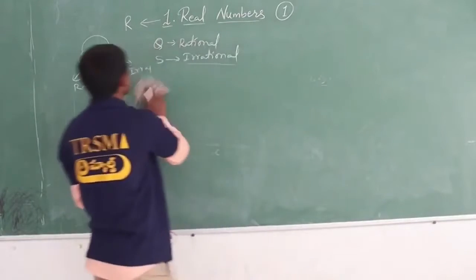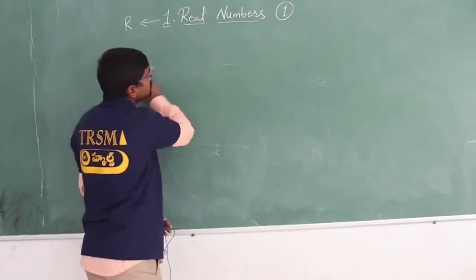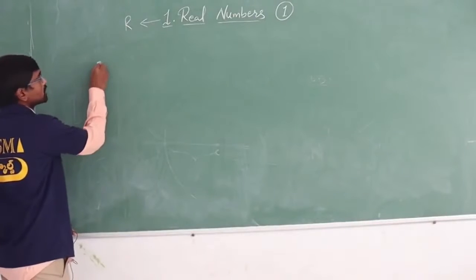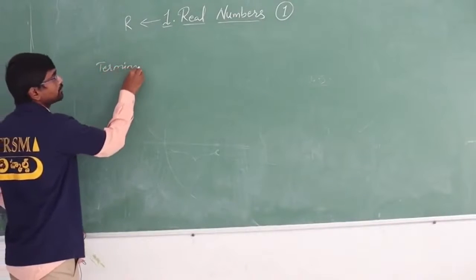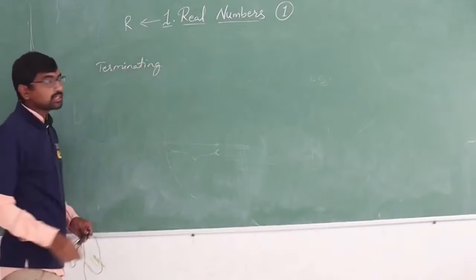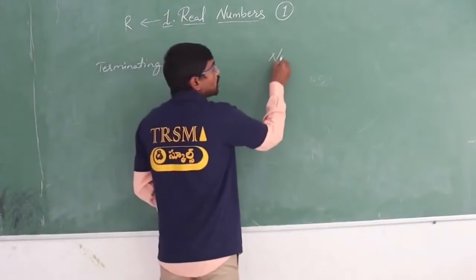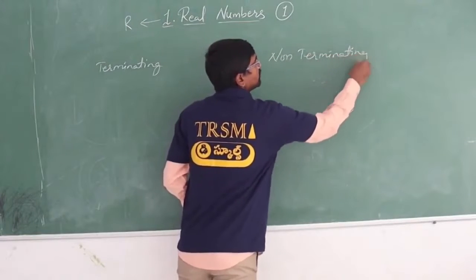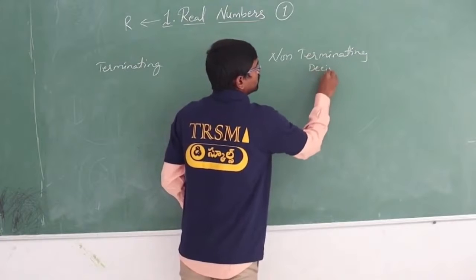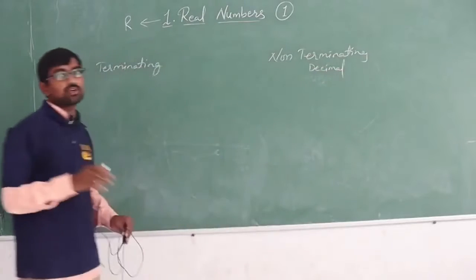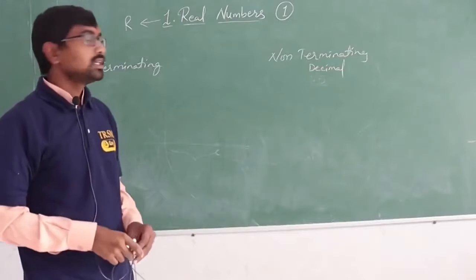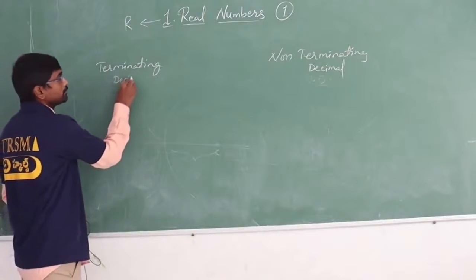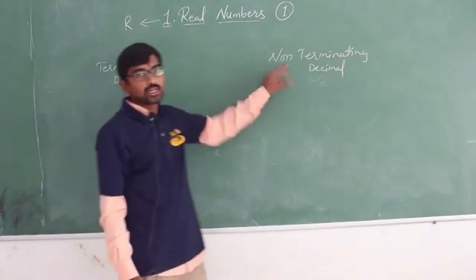The first one is terminating decimal, and the second one is non-terminating decimal. So whenever I convert p by q form into decimal form, we get these two forms of decimals.